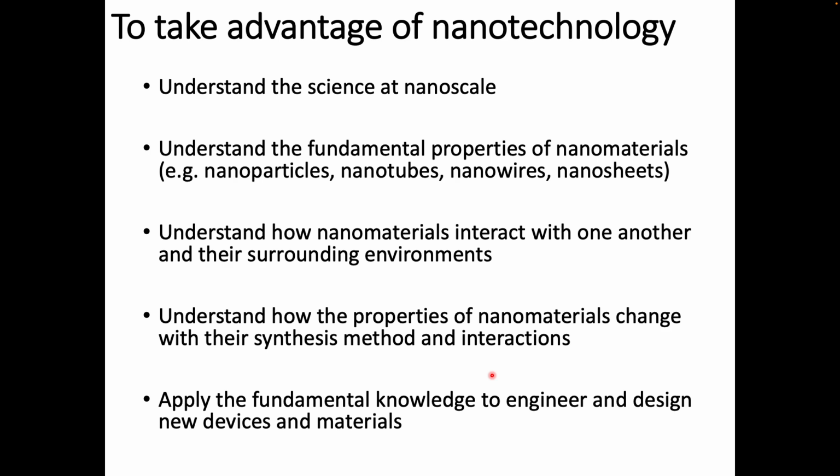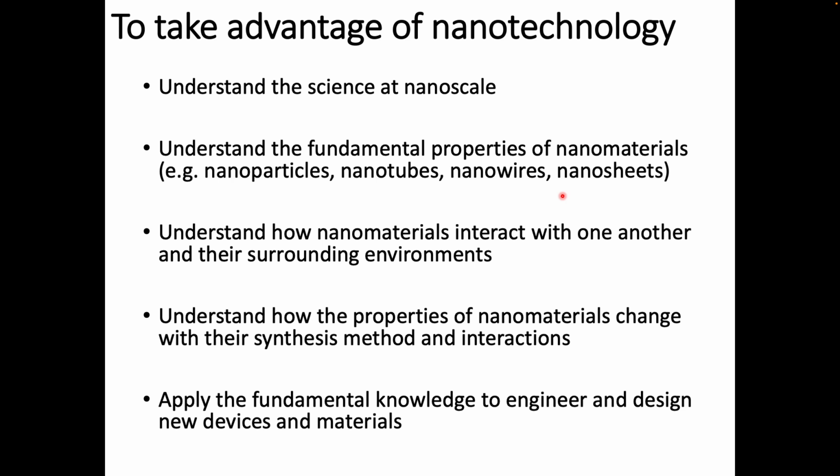To take advantage of nanotechnology, we first need to understand the science at the nanoscale. This is why we are going to focus on quantum mechanics quite a bit. With that, we will try to understand the fundamental properties of nanomaterials: nanoparticles, nanotubes, nanowires, nanosheets. We also need to understand how nanomaterials interact with one another and their surrounding environments.